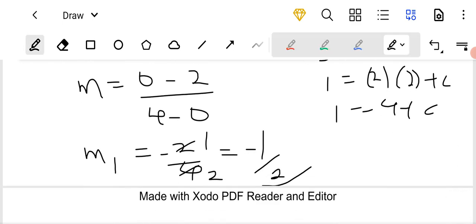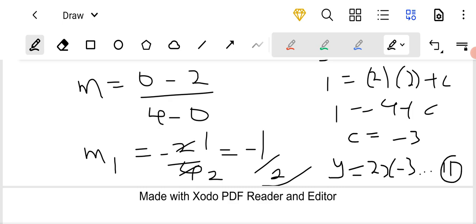And then you remain with c is equal to 1 minus 4, which is negative 3. And then you have y is equal to 2x minus 3 as your equation 2.